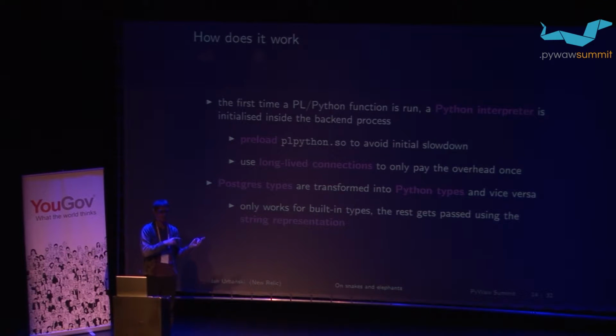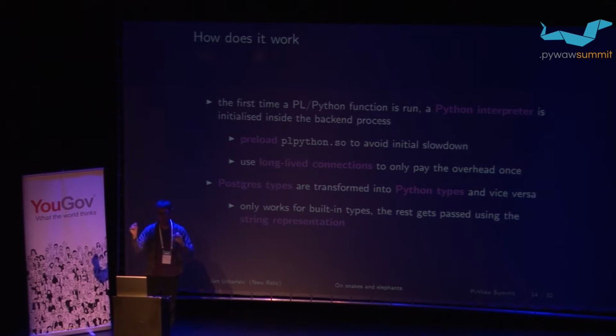So if you call a PL Python procedure passing an integer, it's a Postgres integer, right? But inside your Python, you will have it available as a Python integer. And same for strings, and the same for lists. So a Postgres array will appear in your code as a Python list. Returning a list will make Postgres interpret this as an array.